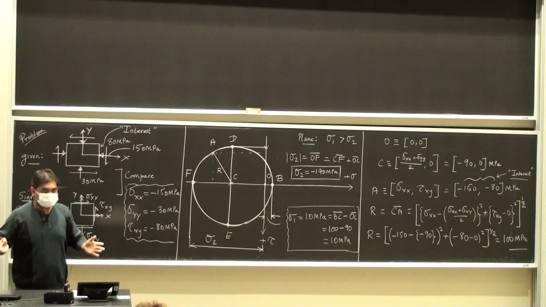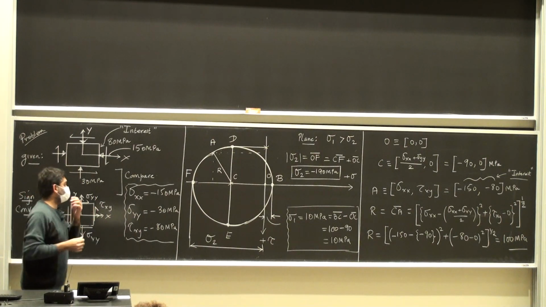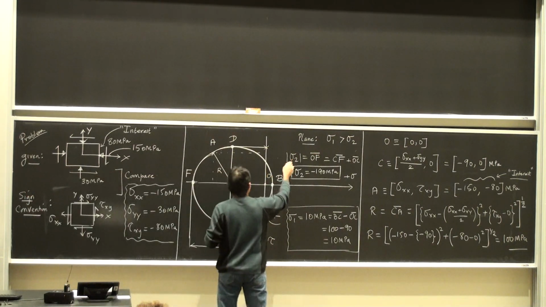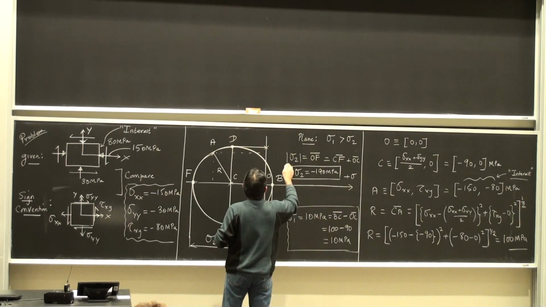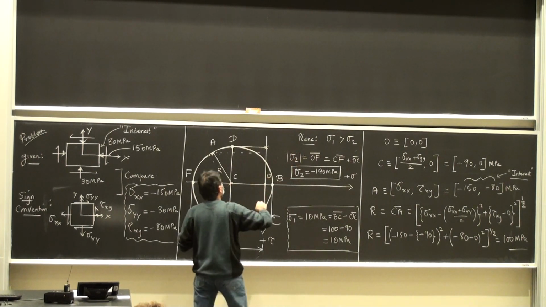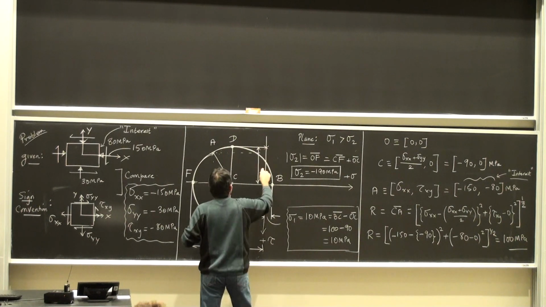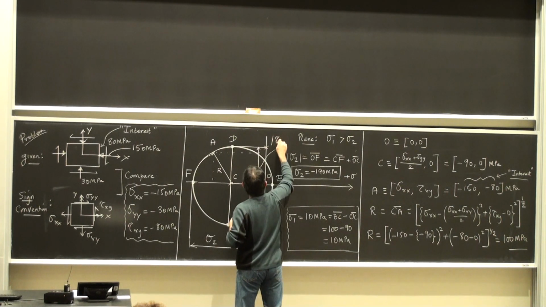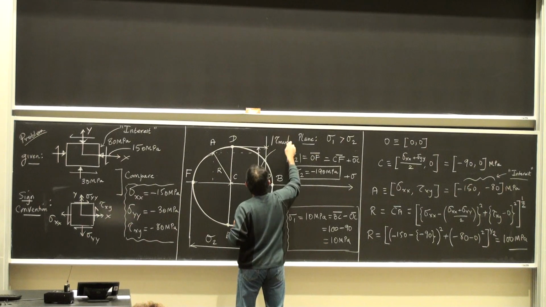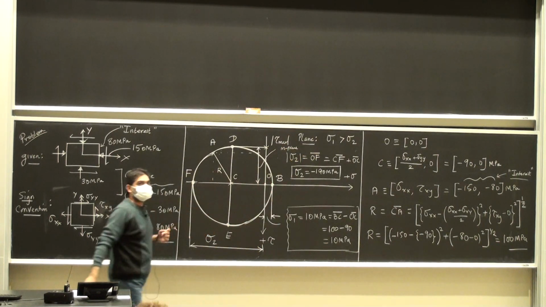Positive or negative, you write the magnitude first. Okay, so this is tau max. I have to draw it out here. Okay, so this is tau max in plane.